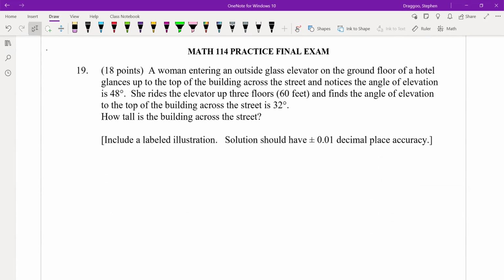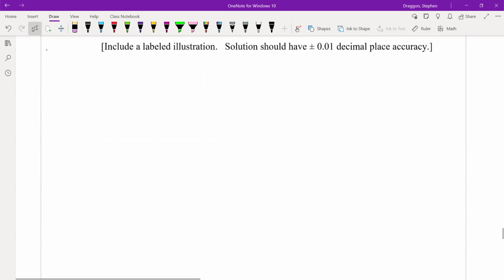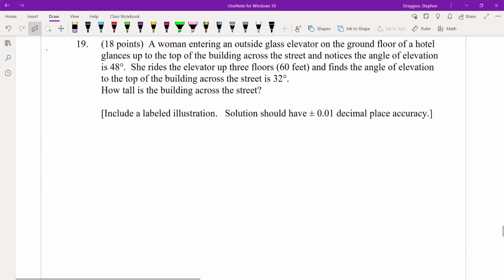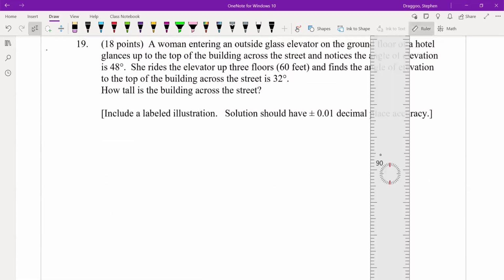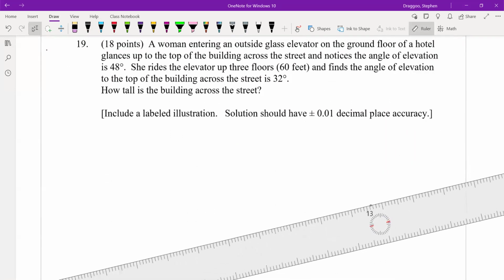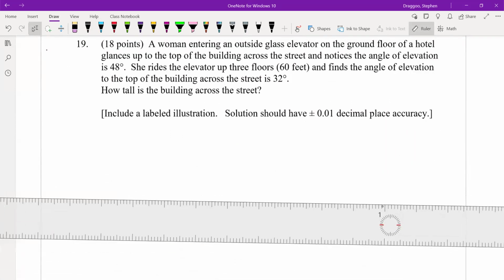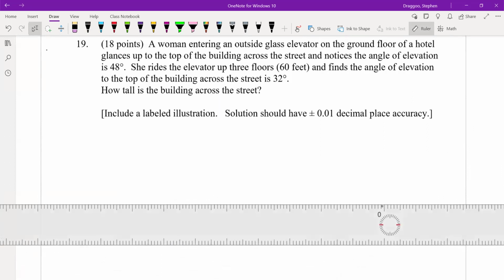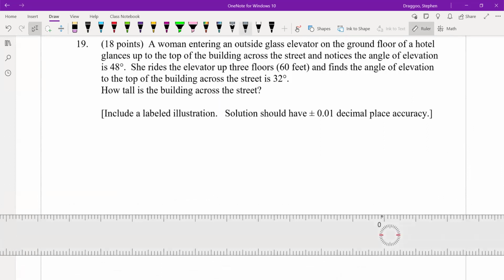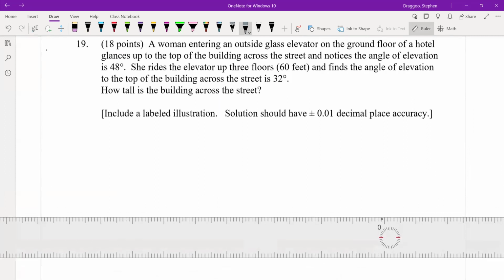So this will require a pretty good diagram to figure out exactly what's going on. So we draw in the ground floor, which will be a horizontal line. Just draw on the ground. It's at 0 degrees. It'll be nice and level. There we go. Right there.